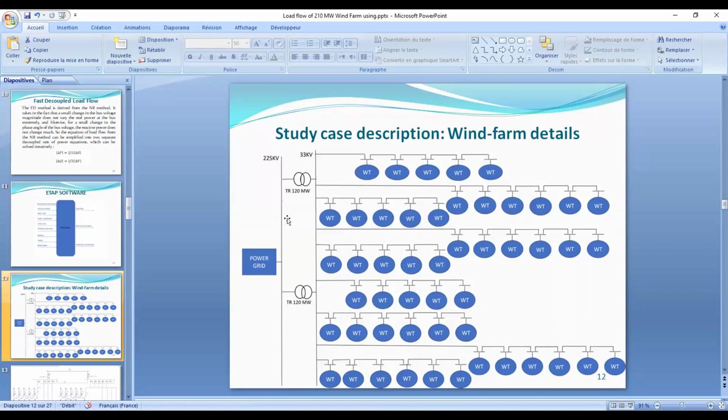The energy produced by all the turbines will be fed into the 33 kilovolt bus bar, and two step-up transformers from 33 kilovolts will transmit the energy produced to the power grid.